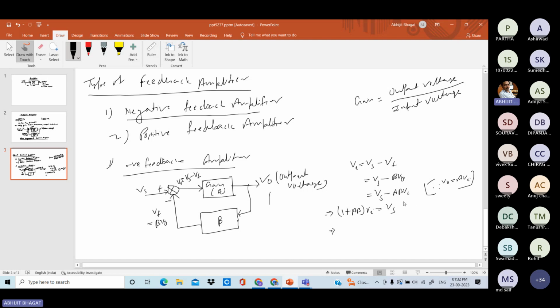V0 by Vs निकालना है ना. Gain of the amplifier.